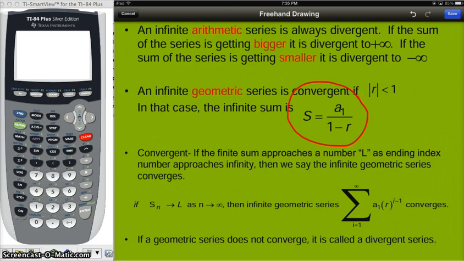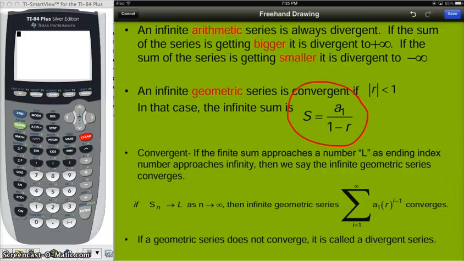And at the bottom here, there's some information in reference to the series. It simply says that if the finite sum approaches a number as the term approaches infinity, then it's said that it converges.